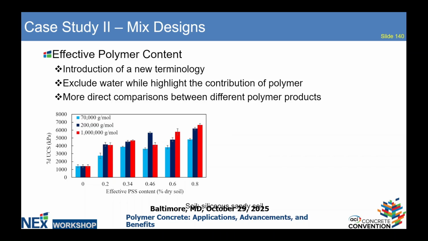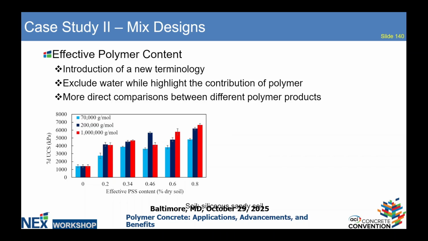Technically, you can just multiply the polymer dosage, if it's a liquid polymer, by the actual concentration of the polymer. You get the effective polymer content, which means how much actual polymer you put inside the whole mix. Because most liquid polymers are water-based, the water is just there as a medium to mix the soil with the polymers, not really for reaction.